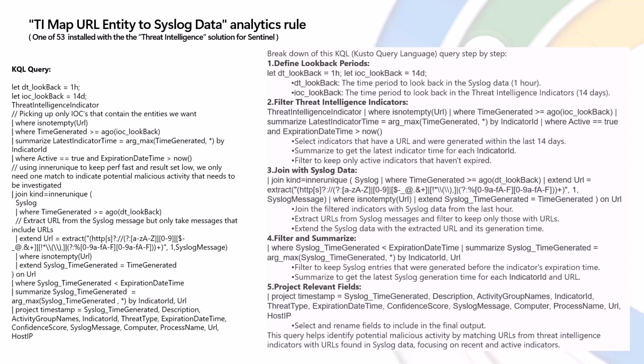It then filters to keep the latest syslog entries generated in the last hour and then summarizes it by keeping the latest syslog for each indicator ID and URL, and then selects and renames fields to include in the final output. In summary, this query matches URLs from threat intelligence indicators with URLs found in syslog data, focusing on recent and active indicators. If you want more detail, pause and read this slide.